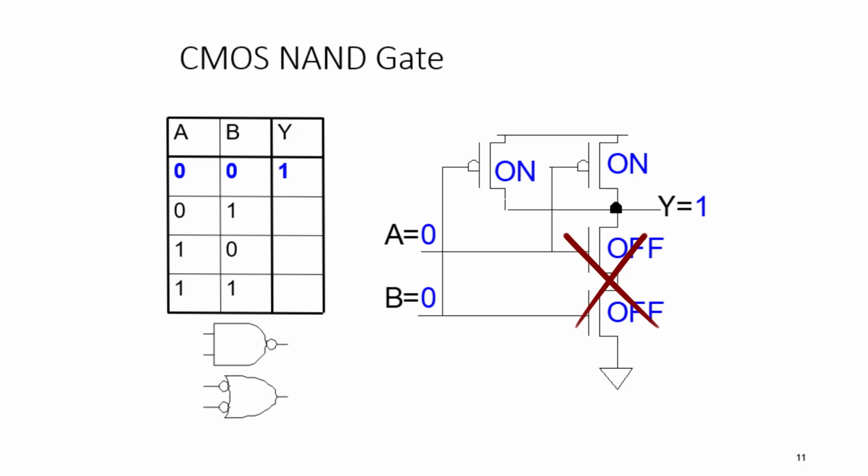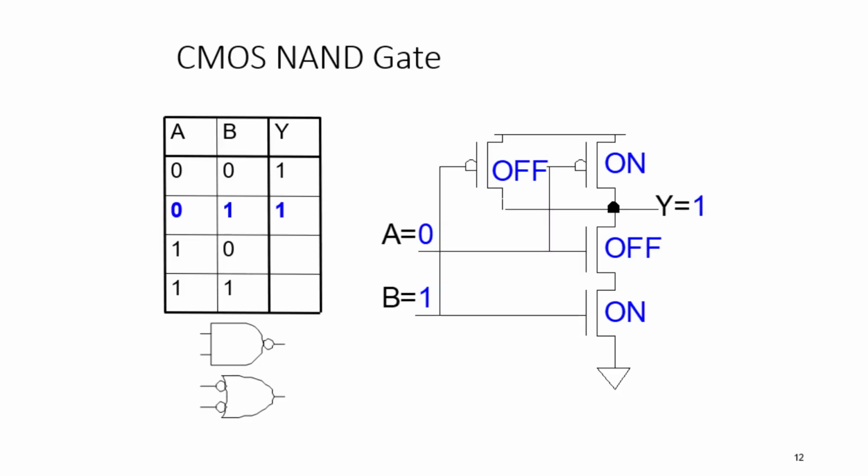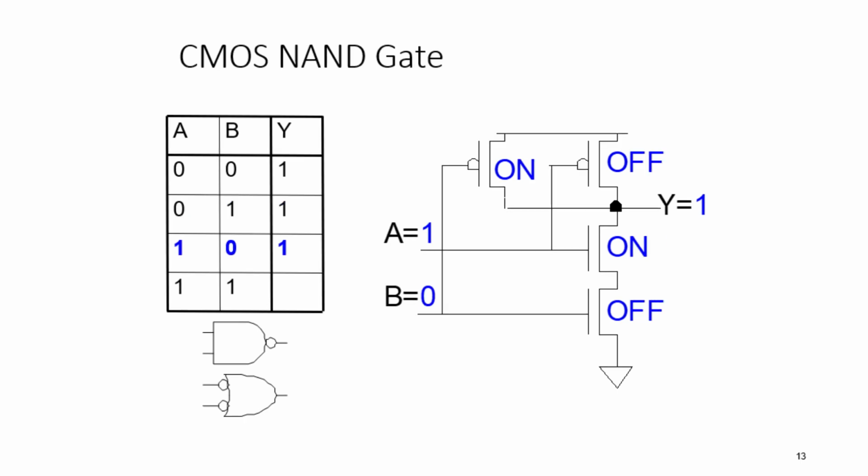Alternatively, the PMOS is turned on, so the supply path is connected, hence the output is pulled high. The same scenario goes for A equal to 0 and B equal to 0, A equal to 0 and B equal to 1, and A equal to 1 and B equal to 0.